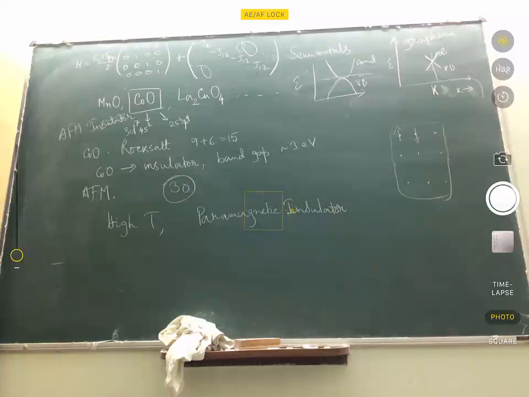So in that state, when there is no long range antiferromagnetic order, there is no doubling of the unit cell, okay? Because the spins are not ordered in any particular way. So therefore, that argument doesn't hold anymore. And the system still remains an insulator. It becomes a paramagnet, but it's an insulator.